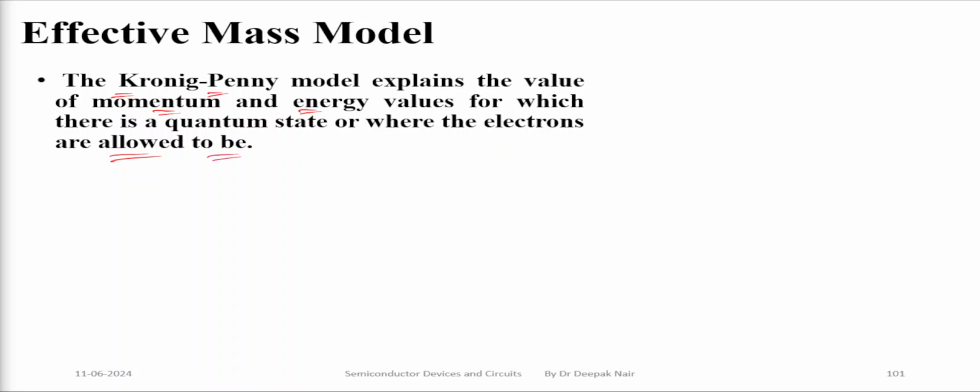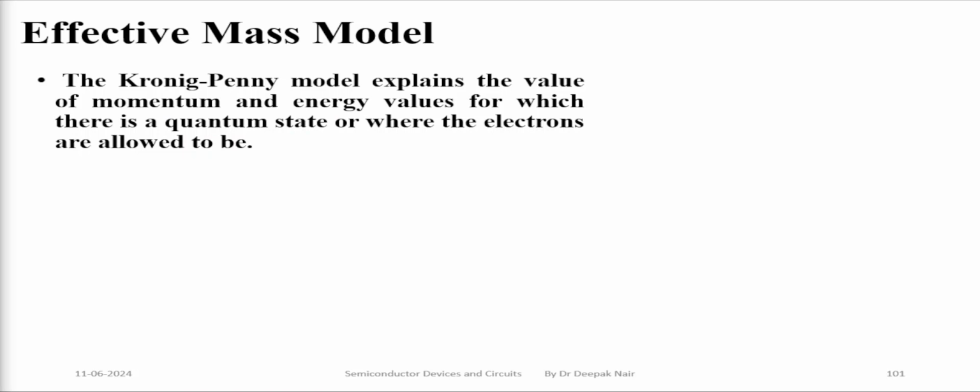So the Kronig-Penney model talks about basically the momentum and energy of electrons, and it also talks about where these electrons can be situated. You cannot have the electrons roaming around the whole lattice.